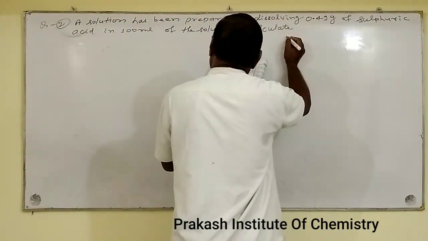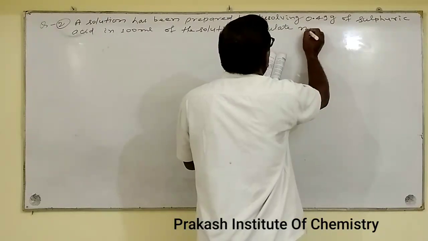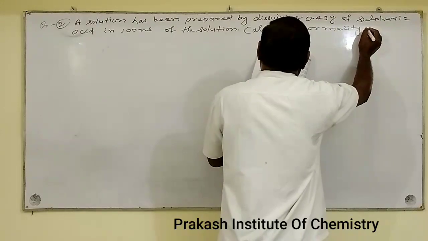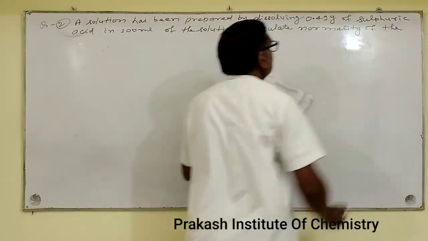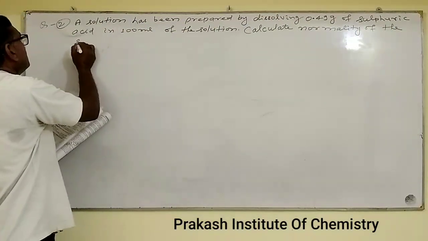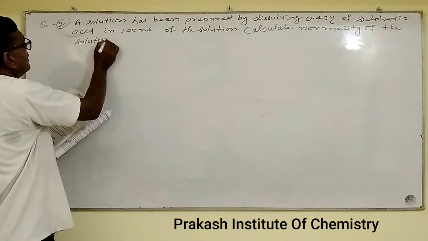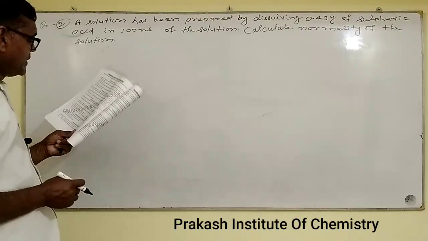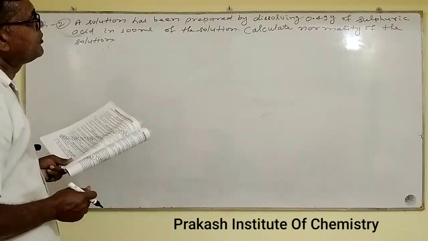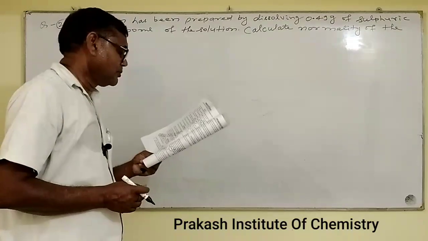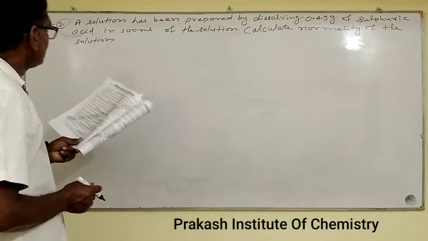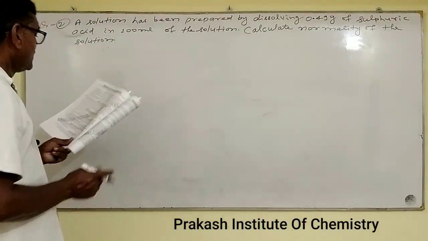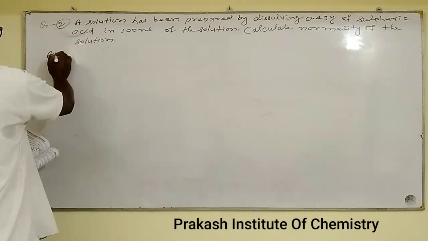Calculate normality of the solution. A solution has been prepared by dissolving 0.49 gram of sulfuric acid in 100 ml of the solution. Calculate normality of the solution.